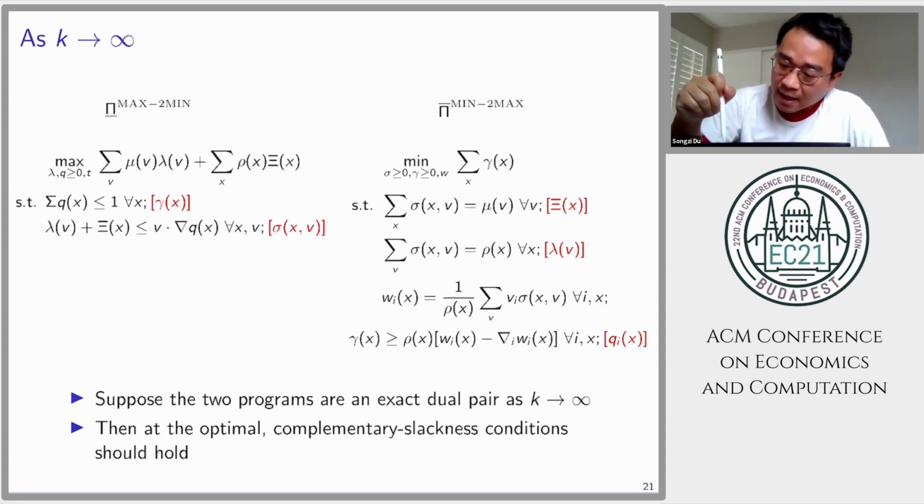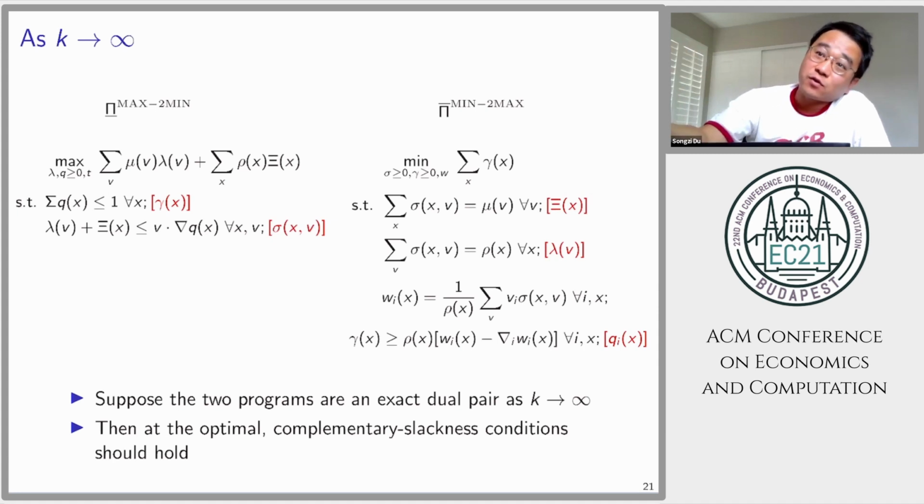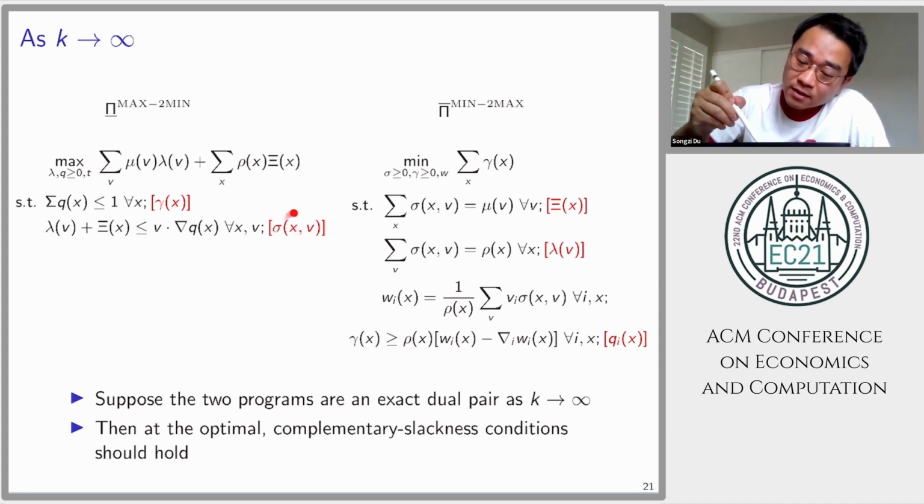So this means that, for example, if sigma xv is positive, then if this multiplier is positive, which means that in the worst case information we have a positive probability between signal X and value V, then this constraint should be binding.